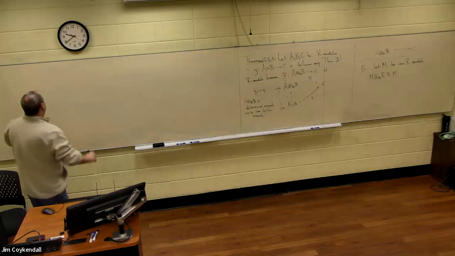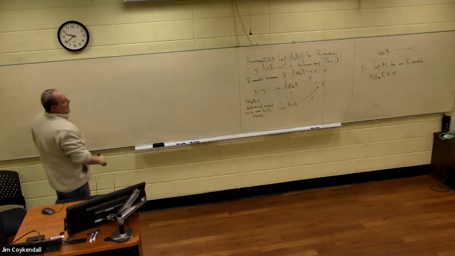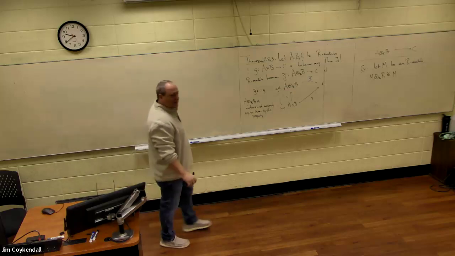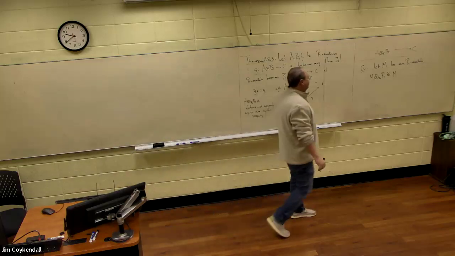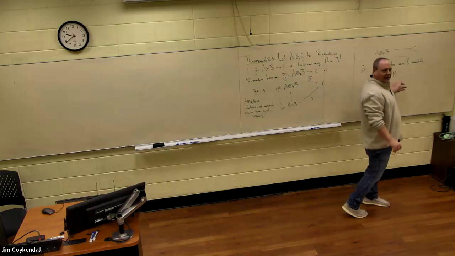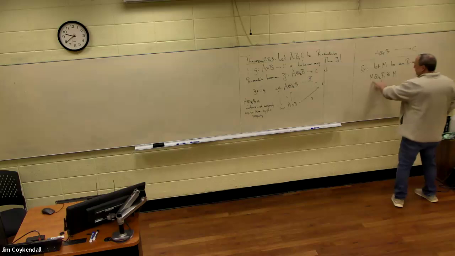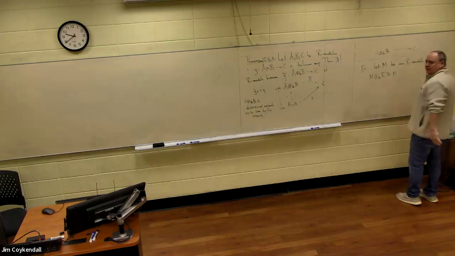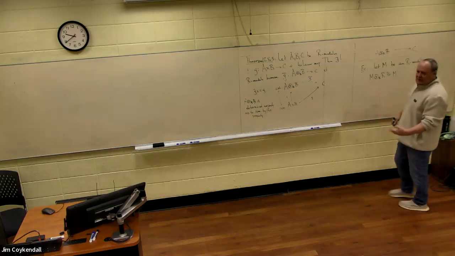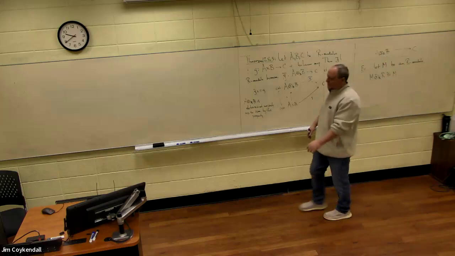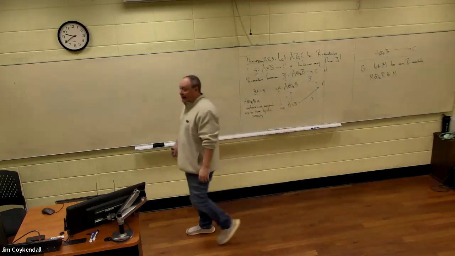So let's show this. I want to build a homomorphism from here to here, but again, out of the gate, what is even a single tensor? A single tensor is a coset. Who knows what I can do.